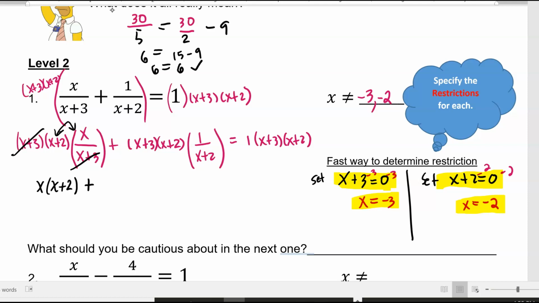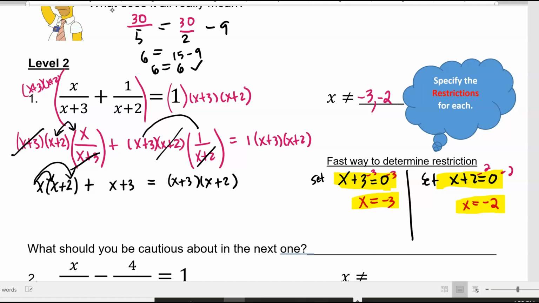I'm the teacher. And then in the middle, x plus 2 times x plus 2. And then you have x plus 3 times 1, so we just write down x plus 3. And over here, of course, the 1 is obsolete. If you wanted to, you can go ahead and multiply that out, but I'll get it done on the next line.